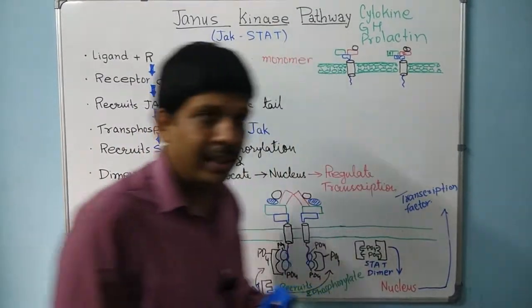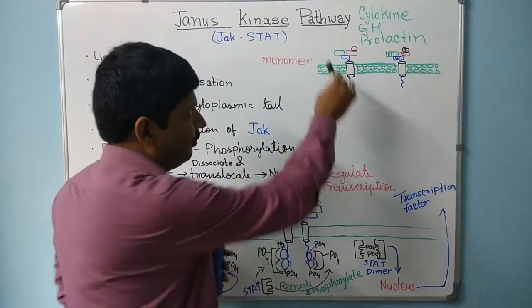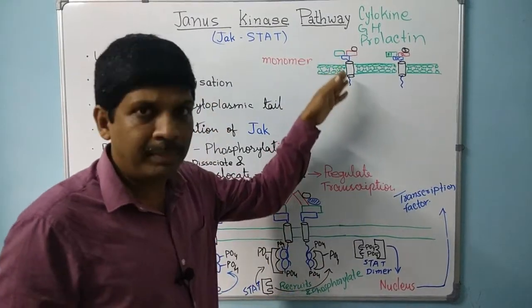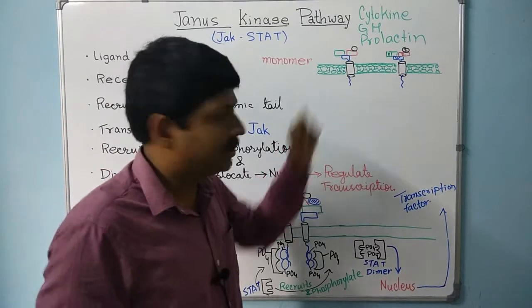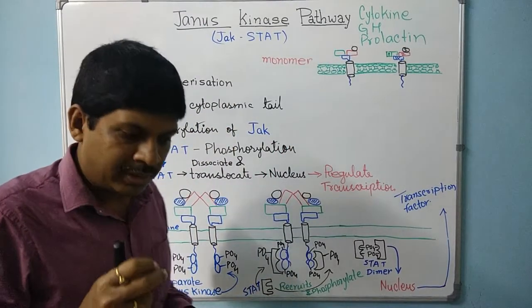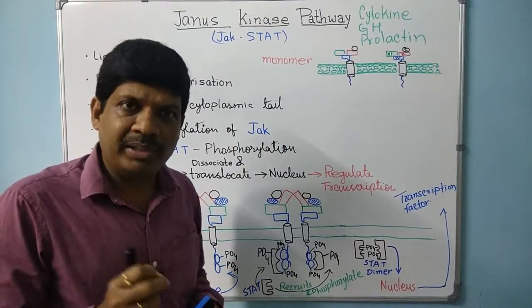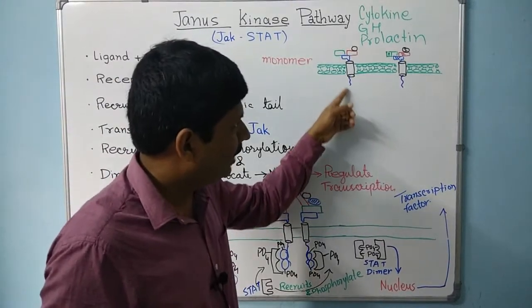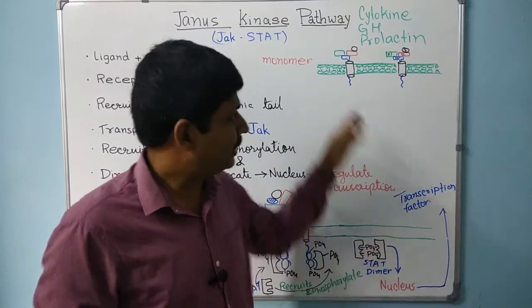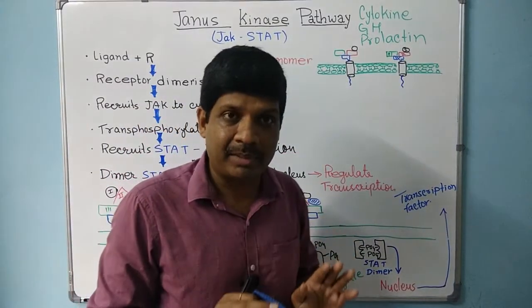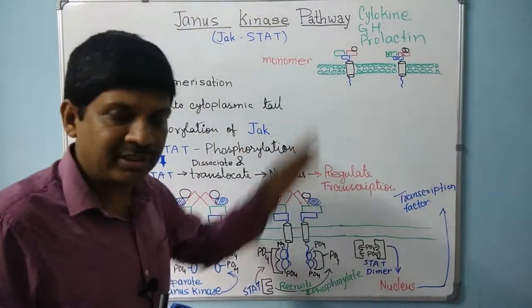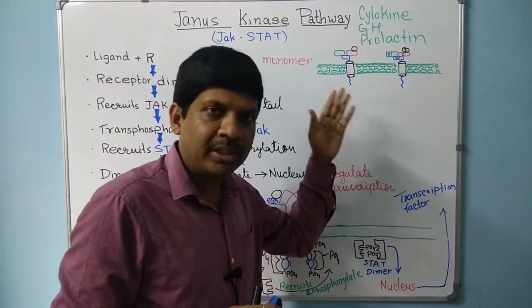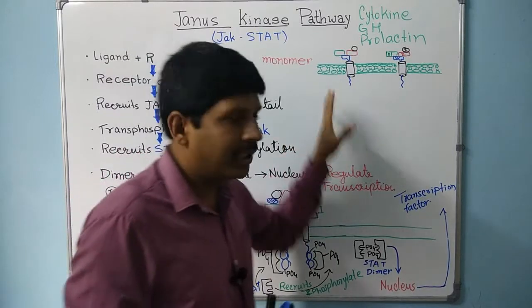When it is not in bound form, it exists as a monomer. In the monomer, we have the extracellular part, the part which is linked with the membrane, and then the intracellular part. The difference in comparison to tyrosine kinase is that we don't have the intracellular enzyme in this type of Jak STAT receptor, whereas the tyrosine kinase used to be there in the intracellular part.